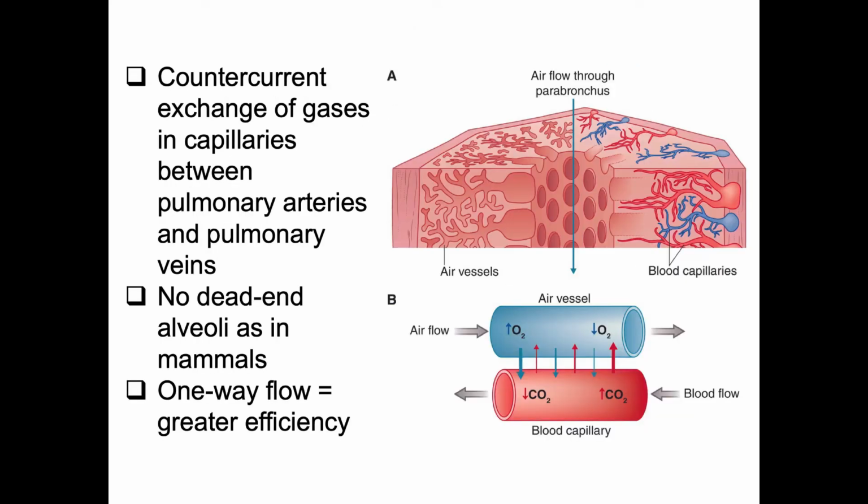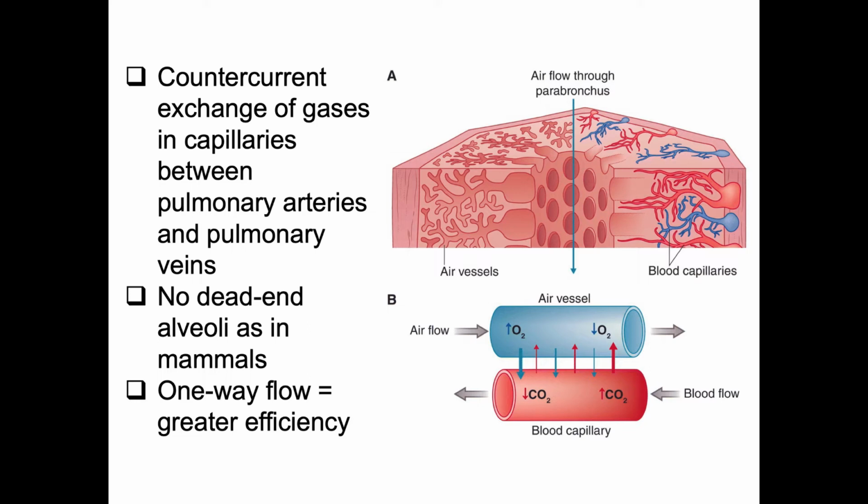The structure of the pulmonary arteries and the pulmonary veins associated with a parabronchus is such that it allows for a countercurrent exchange of gases. So we talked about countercurrent exchange systems in a thermal capacity, so that there's more efficient transfer of heat from arteries to veins.